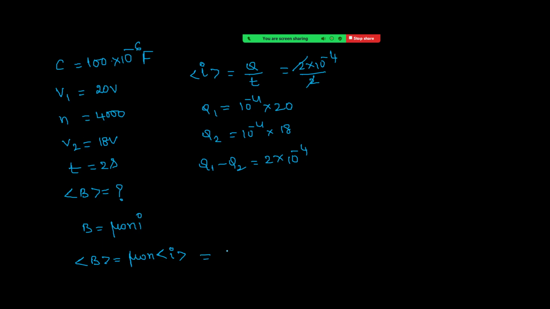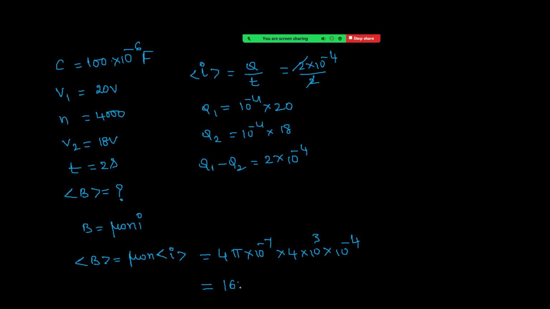Substitute that here: mu naught is 4 pi 10 power minus 7, n value 4,000 means 4 10 power 3, average current 10 power minus 4. Then see what we get. Minus 7 minus 4 is minus 11, this is now 10 power 3, remaining is minus 8.